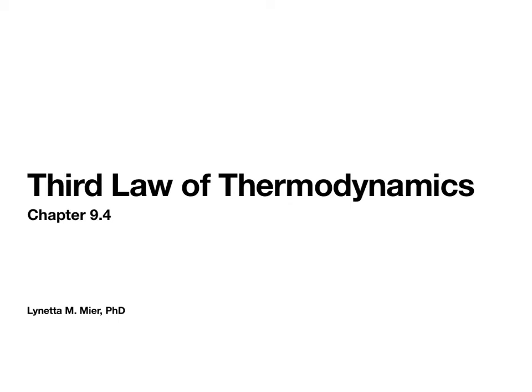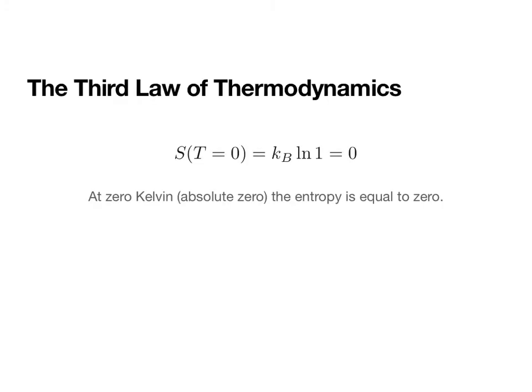Okay, hi everyone. So in this video, we are going to talk about the third law of thermodynamics, which is really the forgotten law, but it really gives meaning to the second law of thermodynamics. The third law of thermodynamics says that at absolute zero, or 0 Kelvin, the entropy of the system is equal to zero.